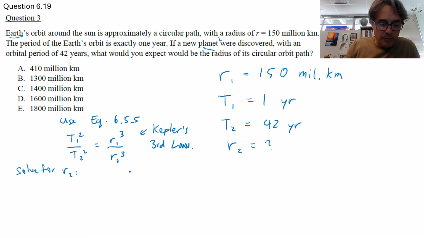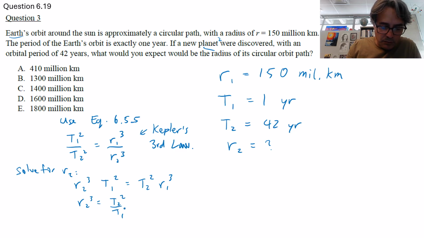If you multiply both sides by R2 cubed, and also multiply both sides by T2 squared over T1 squared, cross multiply out, equals T2 squared times R1 cubed. And then divide both sides by T1 squared. We'll get R2 cubed is equal to T2 squared over T1 squared times R1 cubed.